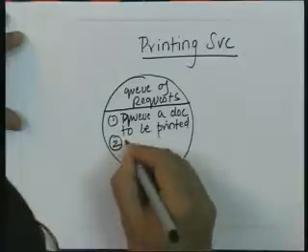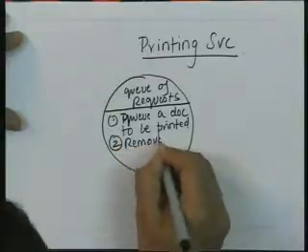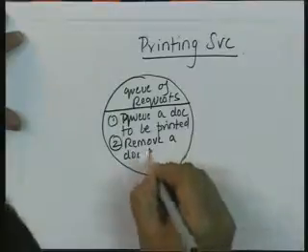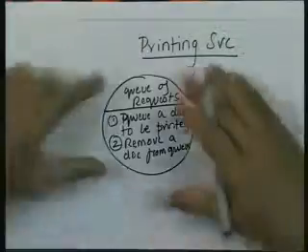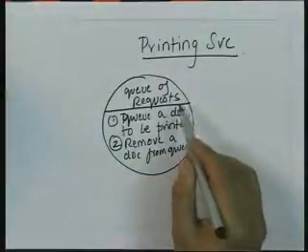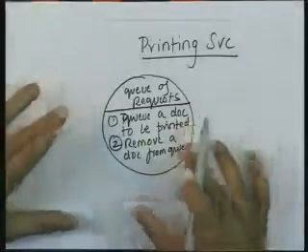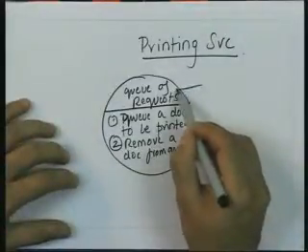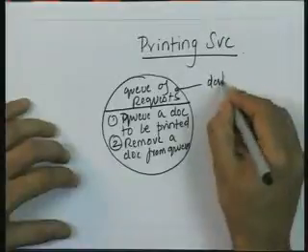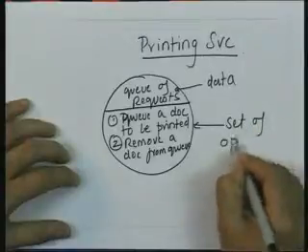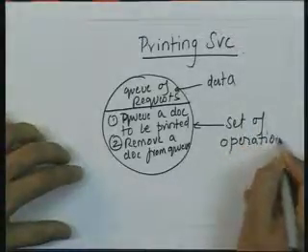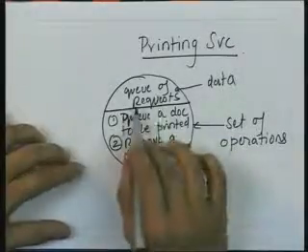The second one could be remove a document from the queue. Etc. So what we've tried to do here is we have tried to create a module, a building block, an encapsulation of a piece of data, which in this case happened to be the queue of requests, and a set of operations. But it's not just any set of operations, it's the set of operations that directly end up manipulating this data, and we bring them together in a cohesive unit that cannot be taken apart. That's what encapsulation is all about.